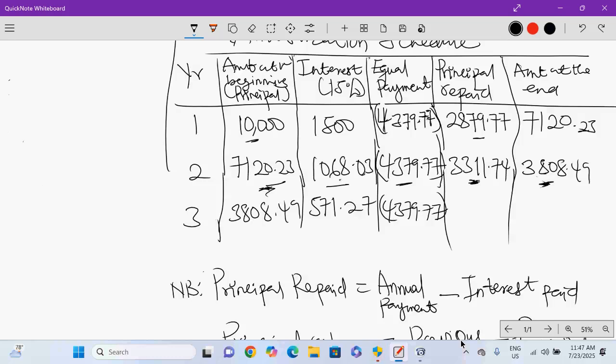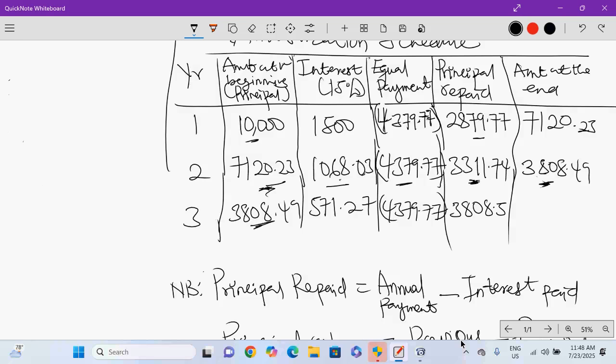If I want to get the principal repeat, the annual payment, 4,379.77, minus 571.27, we are getting 3,808.49.